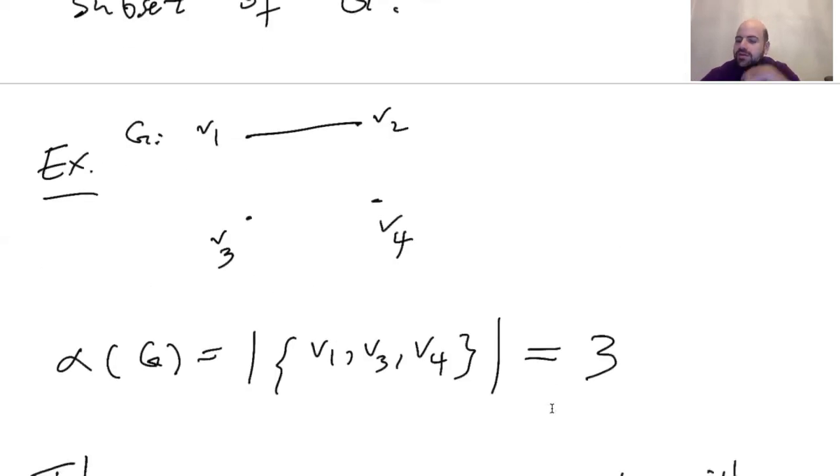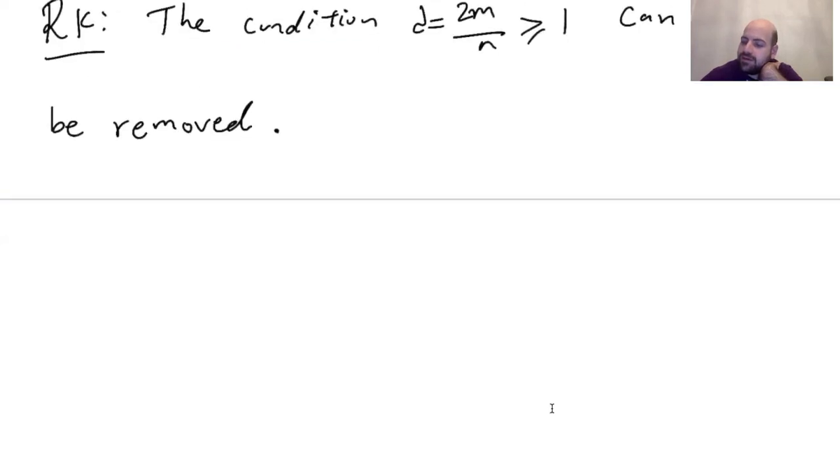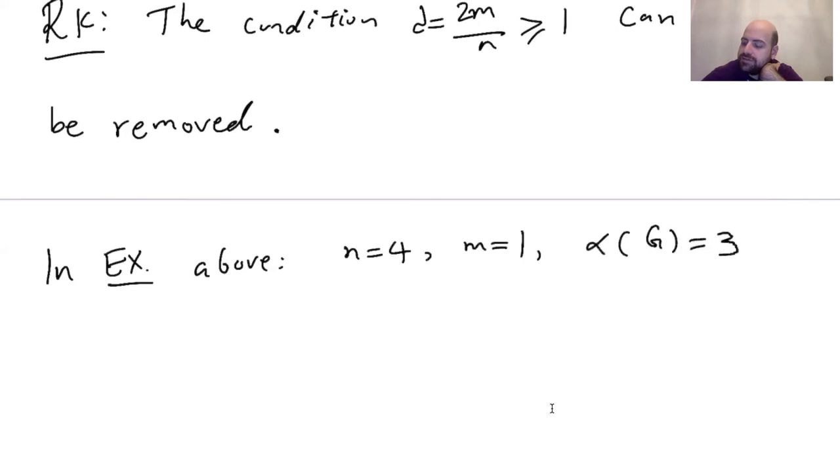Okay, this example is a graph with 4 vertices, so n is 4, and only 1 edge, and alpha of G is 3. So let me say here that in the example above, n is 4, m is 1, and alpha of G is 3.